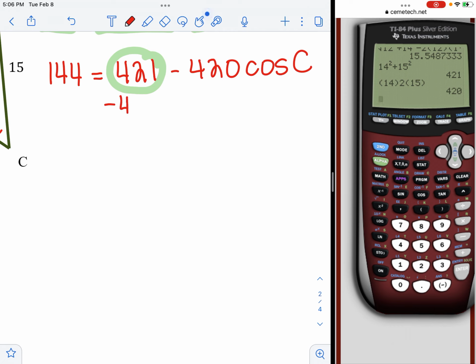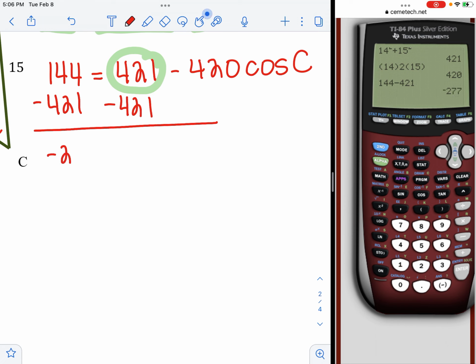All right, so we're going to subtract 421 from both sides. 144 minus 421 is negative 277 equals negative 420 cosine of angle C. Remember, this is negative 420 times cosine of angle C. And I want to get angle C by itself, which means I have to get rid of that cosine, but I have to get rid of that negative 420 first.